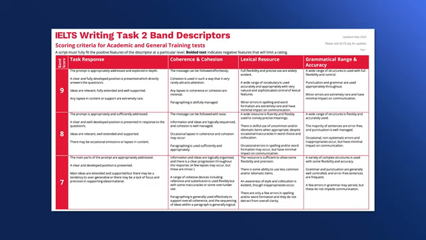Using comparative and superlative adjectives will contribute to your task achievement score because you need to meet all the requirements of the task, which often requires you to make comparisons. It also contributes to your lexical resource score because it shows you have sophisticated control of lexical features.